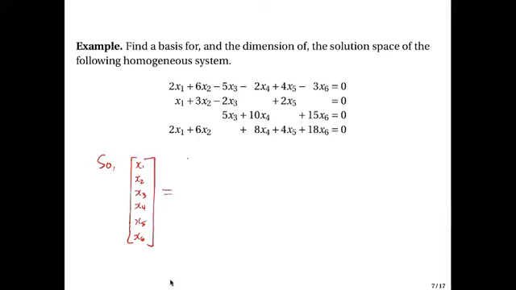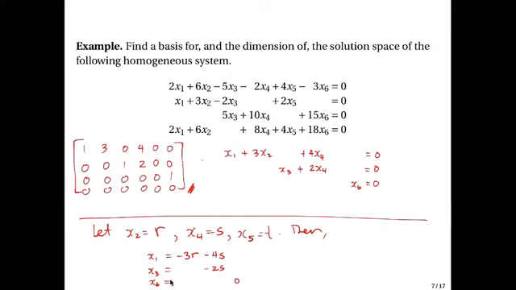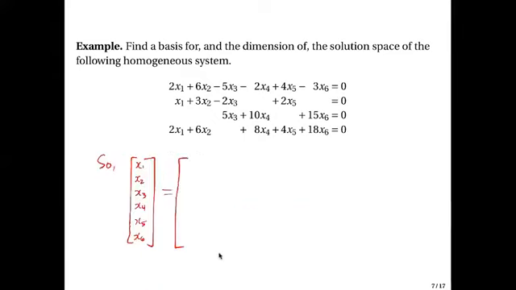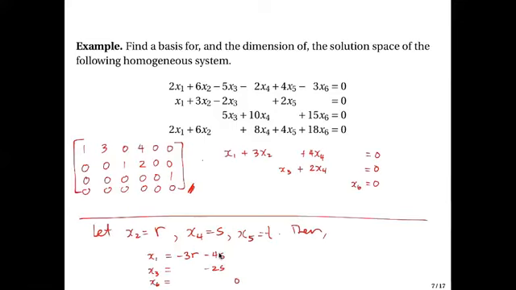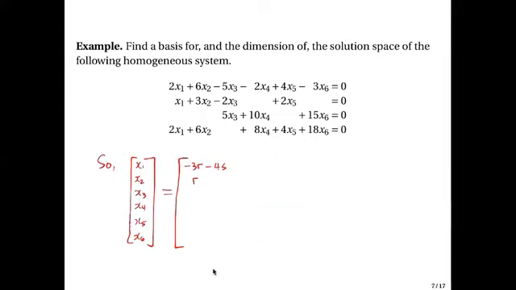And then our x1 was minus 3r minus 4s. Our x2 was r. x3 is minus 2s. x4 was s. x5 was t, and then x6 it's just 0.